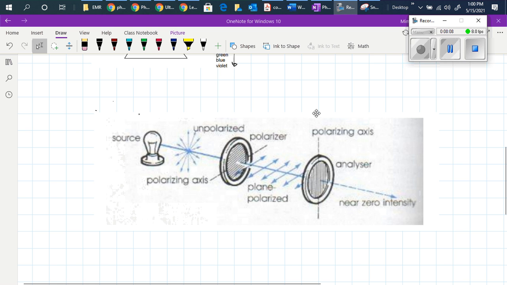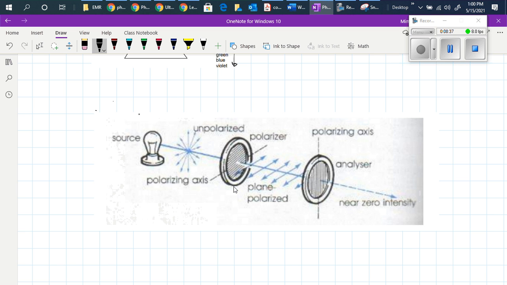So see here, the light source is here, and it is vibrating in every single direction. However, we have the polarizing filter here that has the axis horizontal. So everything that is not horizontal is prevented, and everything that is in the direction of the polarizing axis is allowed to go through.